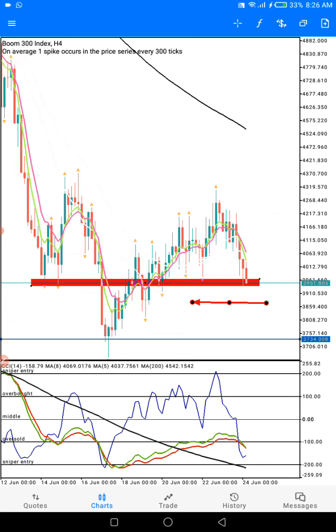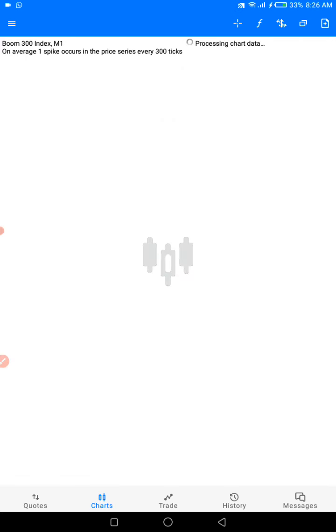Look, we just had a little reaction now. Boom 300 just had a little reaction. If I go to the 1 minute time frame, you see the reaction clearly. This is the reaction on the 1 minute time frame, just this little spike.